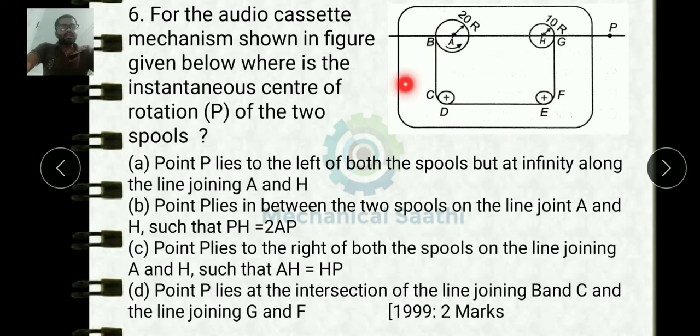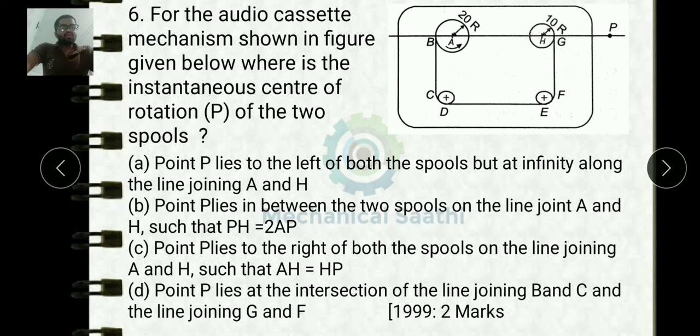We can say this is our link 1, this is our link 2, and this rotating element is link 3, and this other spool, let it be link 4.